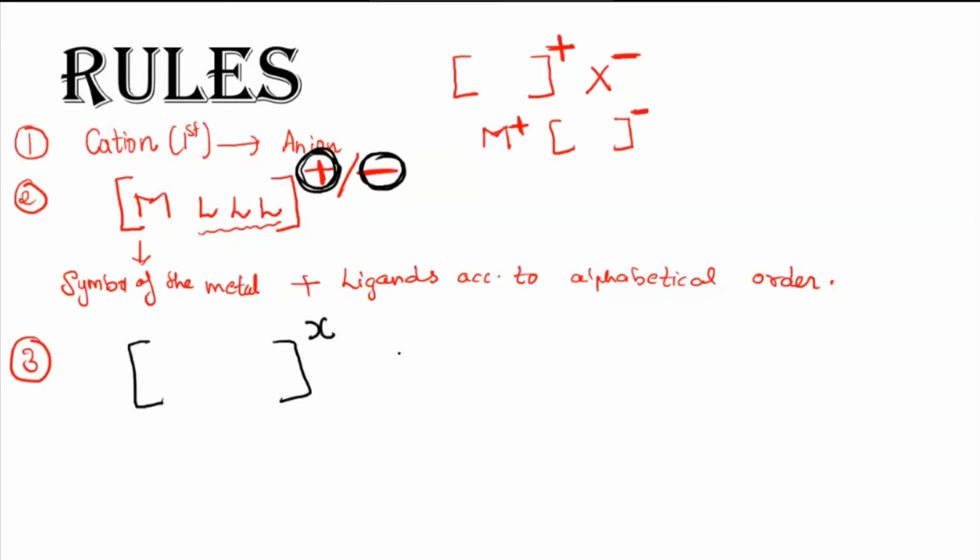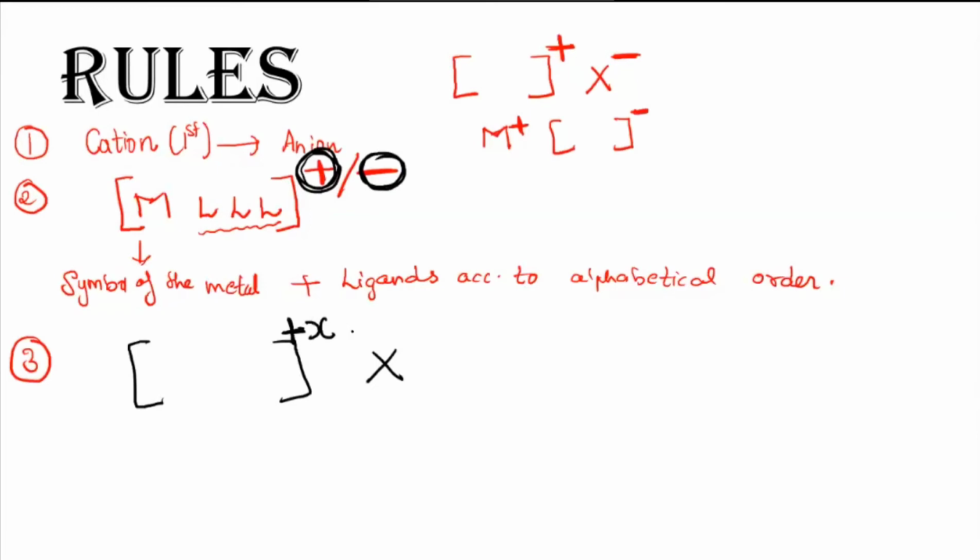Then you will have one counter ion, either towards your right side or left side. For example, I will take it towards my right side. Imagine this is the counter ion present. I'm just taking this as a cationic complex for the sake of example; it's similar for both. Here X is the charge which we have found out.